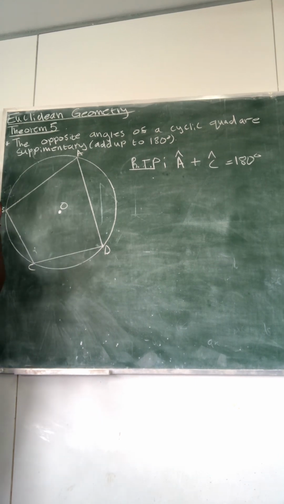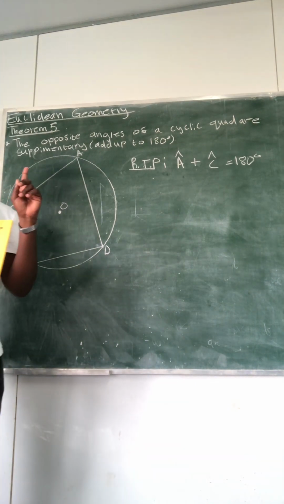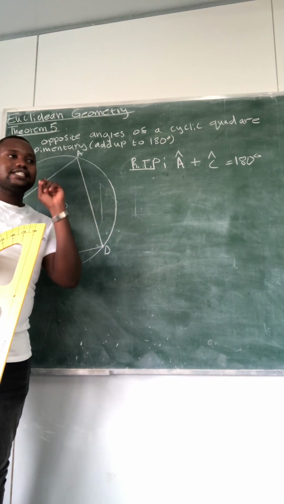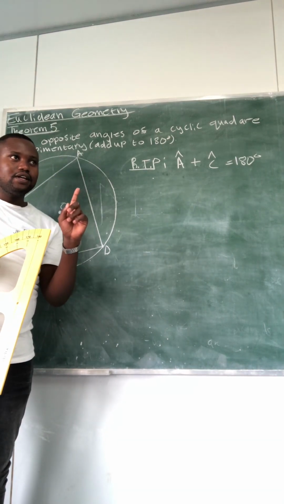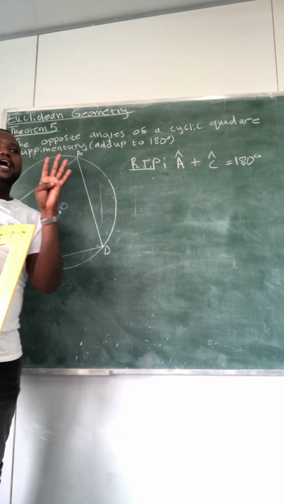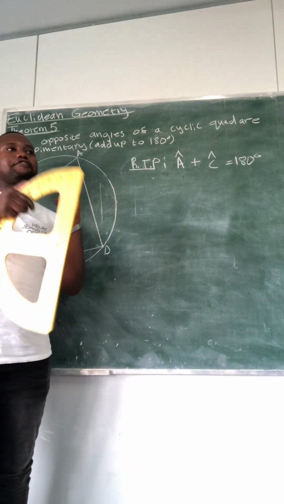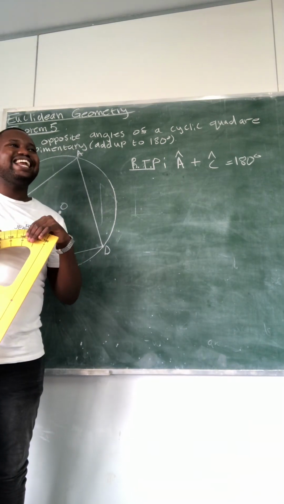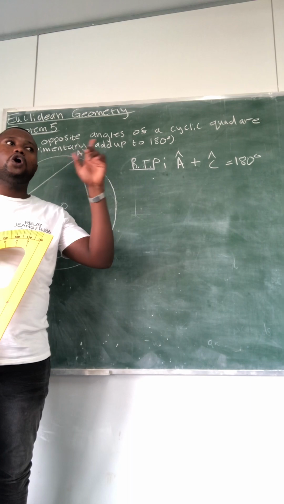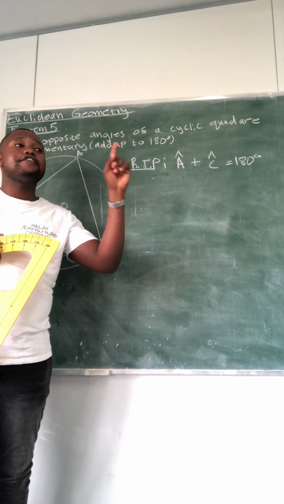So a cyclic quad is a figure whose all vertices lie on the circumference of the circle. So once you see a four-sided figure inside the circle, and you can see that all the vertices of this figure lie on the circumference of the circle, then you have every right to conclude that that figure is a what?